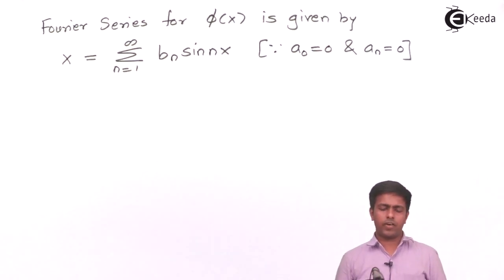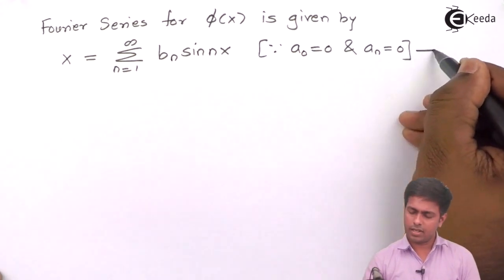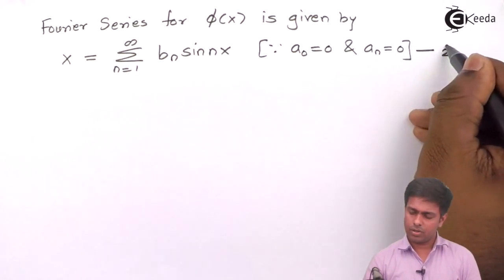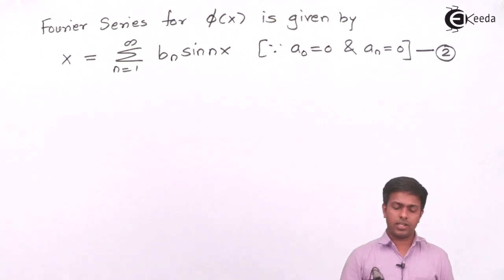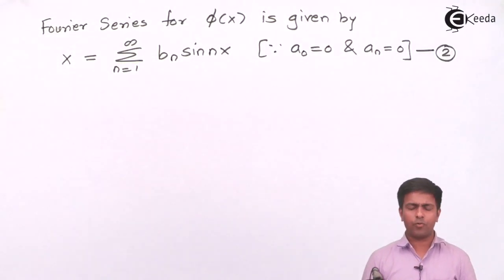I'll call it equation number 2. To find the Fourier series for phi of x, we just have to find bn.